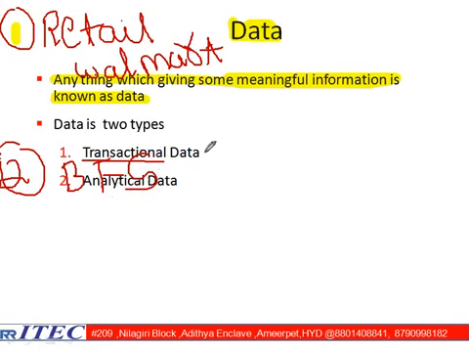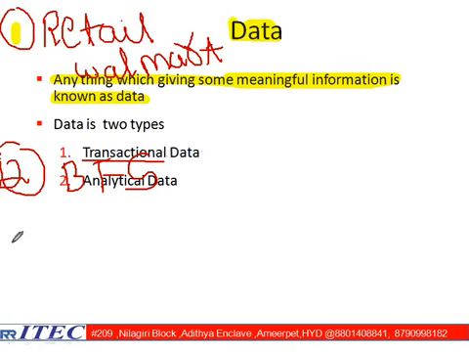You are going to one bank and trying to deposit some amount. Can I call that one transaction? Yes. So due to the transaction, we are getting some data. Whatever data we got, that data is also called as what, sir? Transactional data.